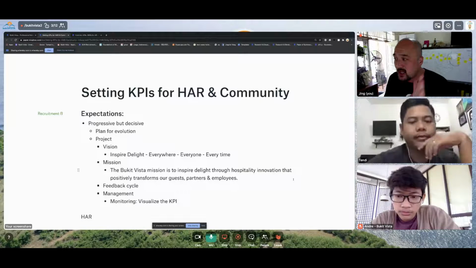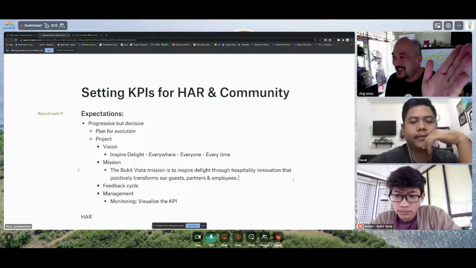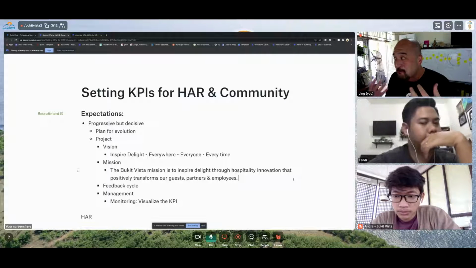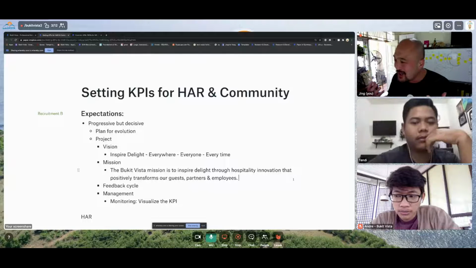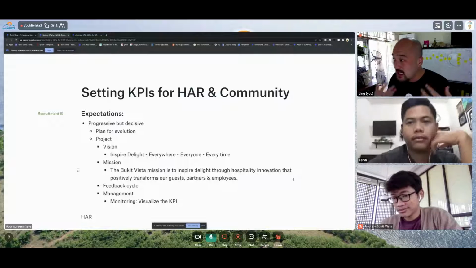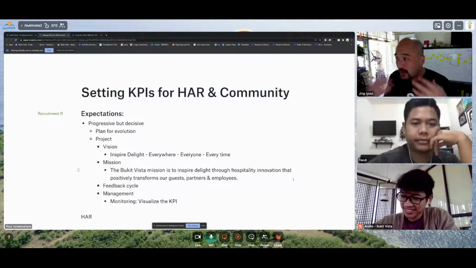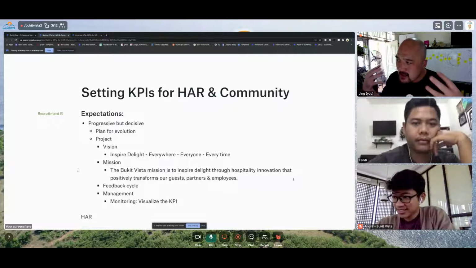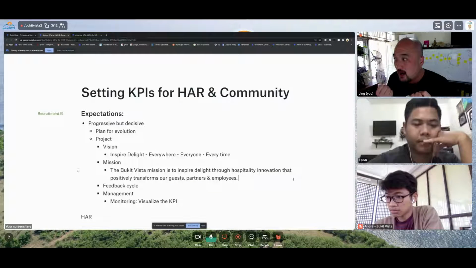If we want to go north, we need a compass to point us to where north is. We can't just say it smells like north is over here. That's not good because then we have conflict and we don't have alignment.